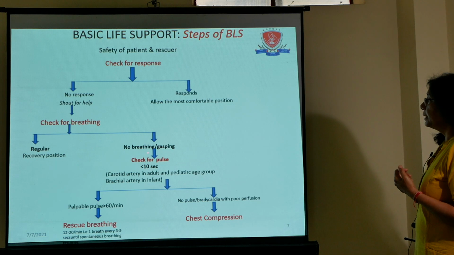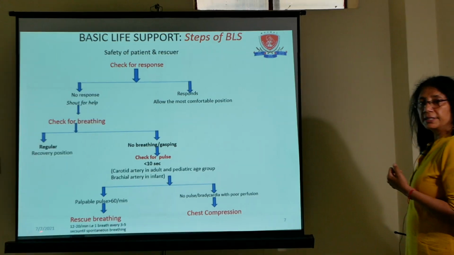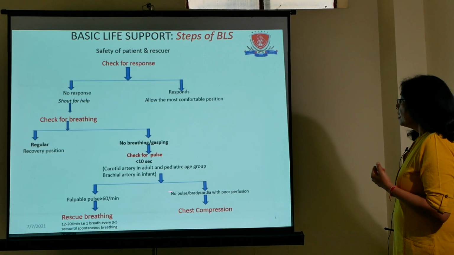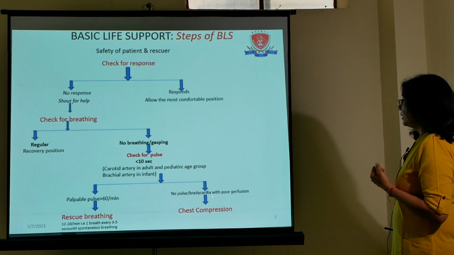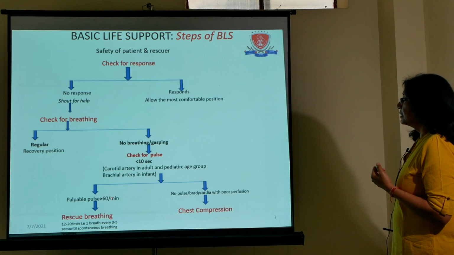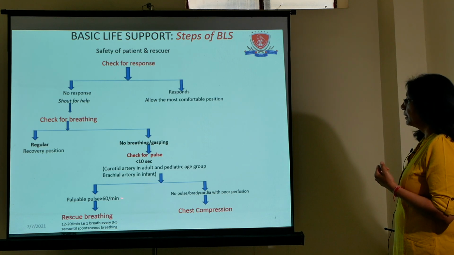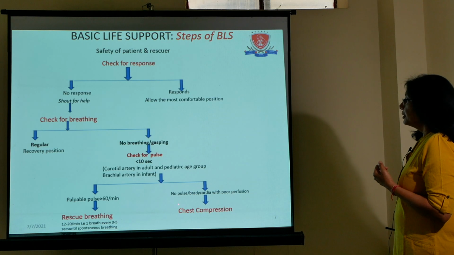Because there was no breathing but pulse was there, only rescue breathing is required, which you give at one breath every 3 to 5 seconds until spontaneous breathing returns. If there is no pulse or bradycardia, that means the pulse is present but less than 60 per minute, then we need to proceed to chest compression.